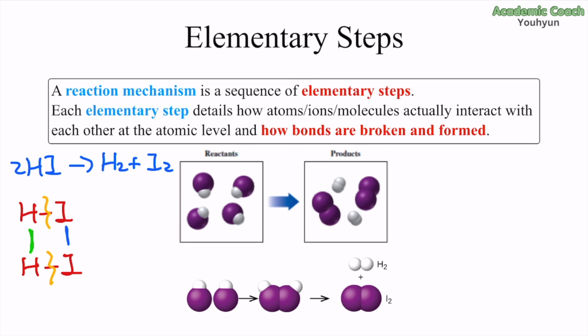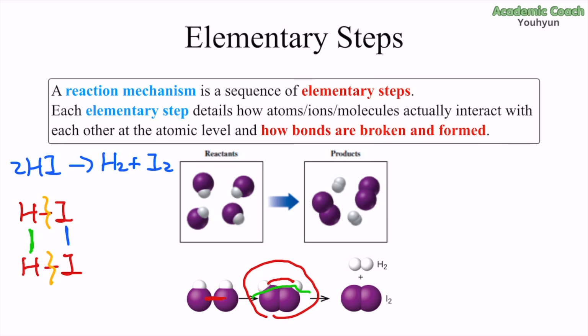And we propose that for this reaction mechanism, or for this recipe, it's most likely that first off, a new bond is formed between two iodine atoms, and then this is a transition state. And then the new bond between the two hydrogens occurs, and then the hydrogen and iodine are separated from each other to produce H2 and I2.